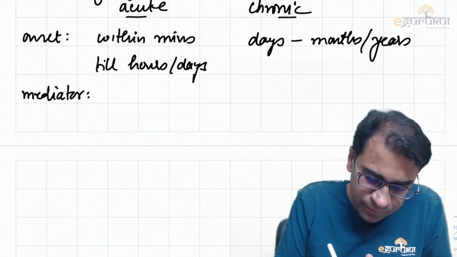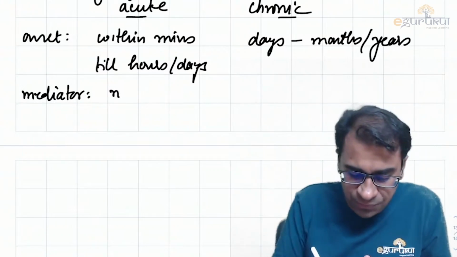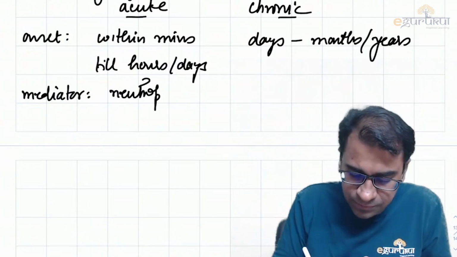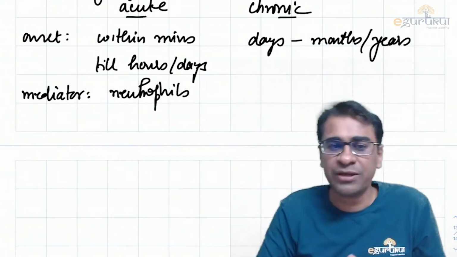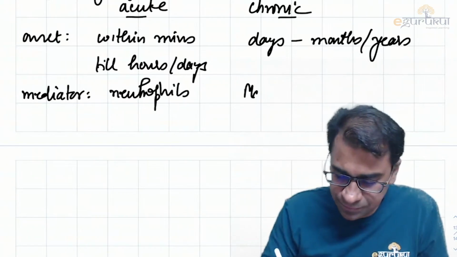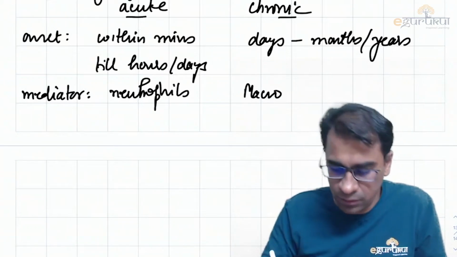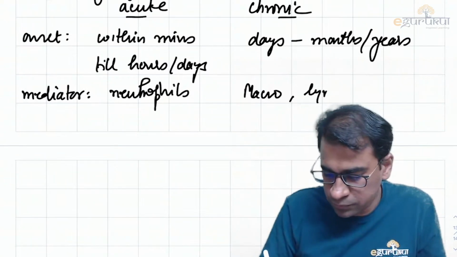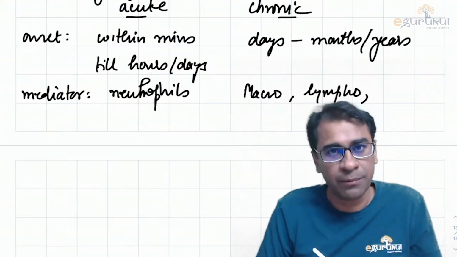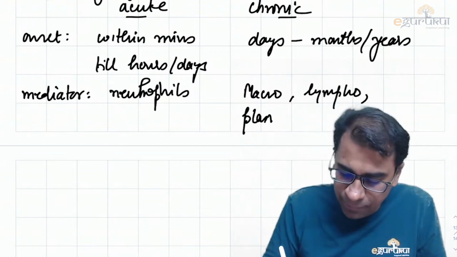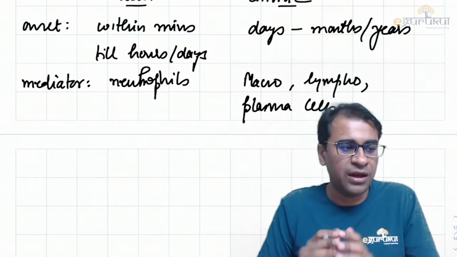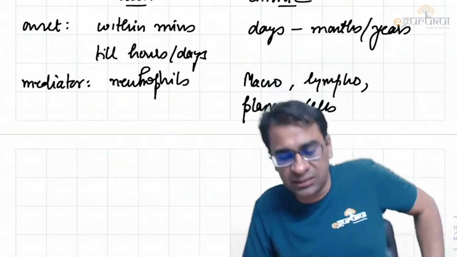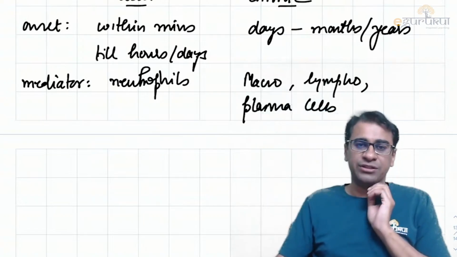The main mediator of acute inflammation is neutrophils, whereas the main mediators of chronic inflammation are macrophages, number one, lymphocytes, number two, and plasma cells. Macrophages, lymphocytes, and plasma cells are the main mediators of chronic inflammation.